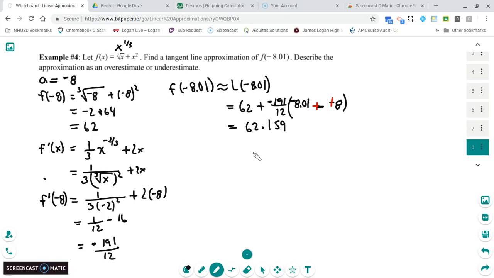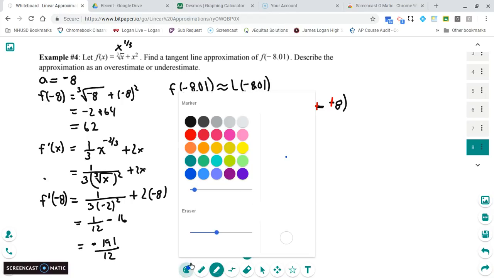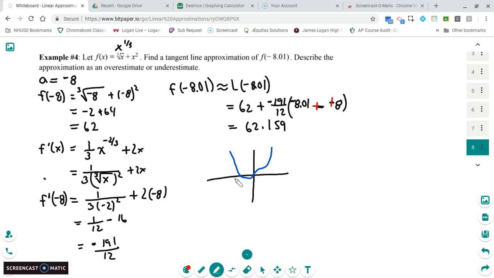All right. And then it asks you to verify whether it's concave up or, what is it, overestimate or underestimate. If you do a quick sketch on your calculator of this function, you get an interesting curve. It kind of looks like this. Something like that. And at -8, so if this is maybe -8 right here, this is a concave up section.